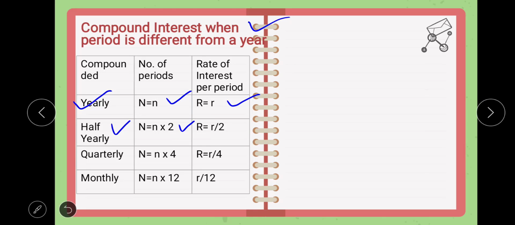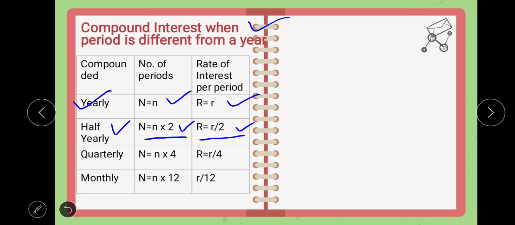It means the compound interest is charged 2 times in 1 year, after each half year. The rate of interest per annum is given, so you have to calculate the rate of interest for half year. It means you have to divide it by 2. Then you will get the rate of interest per half year.